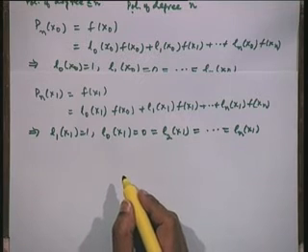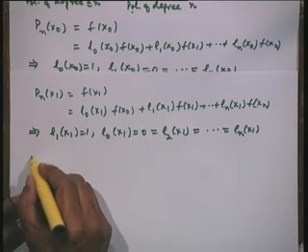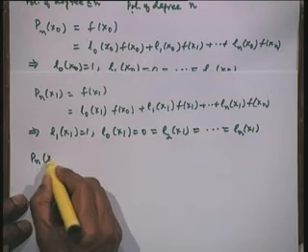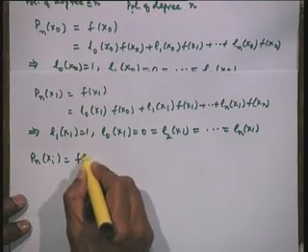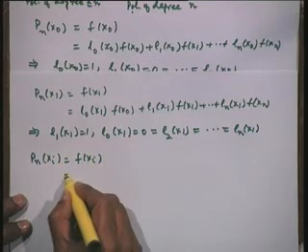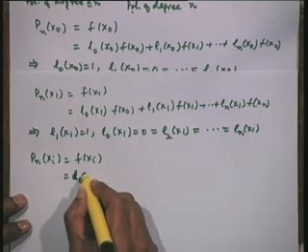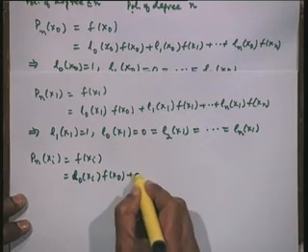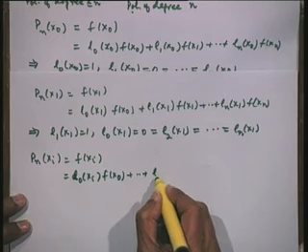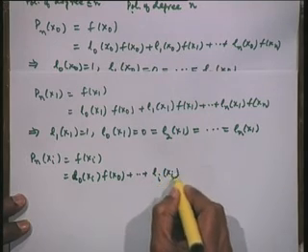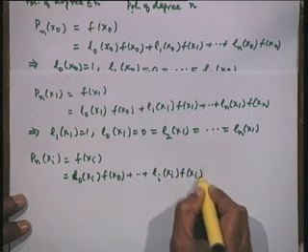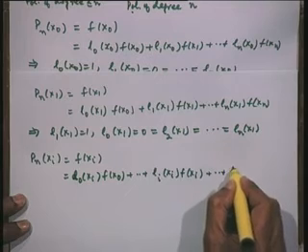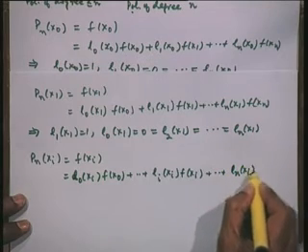Therefore, it is possible for us to immediately generalize it by just writing P_n(x_i) is equal to f(x_i), that is L_0(x_i) f(x_0) plus ... plus L_i(x_i) f(x_i) plus ... plus L_n(x_i) f(x_n).